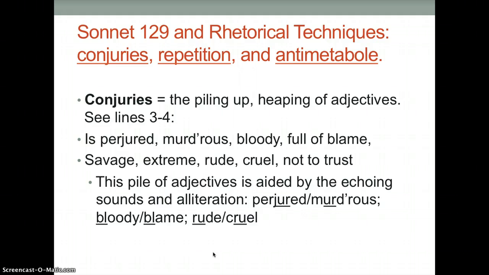And this just piling on of adjectives gives us this sort of sense of being overwhelmed and disgusted that the poet is feeling. Also, of course, you can see how he's using alliteration, the sort of repetition of sound, to drive home this heaping quality: perjured, murderous, bloody, blame, rude, cruel. So congeries, or the piling on of adjectives, drives home the message.